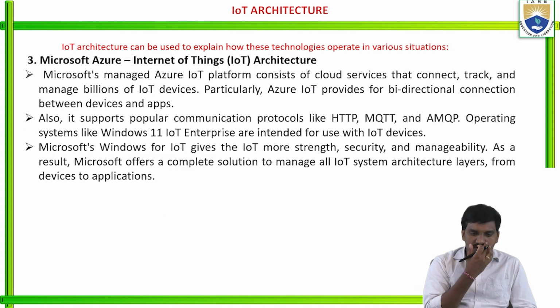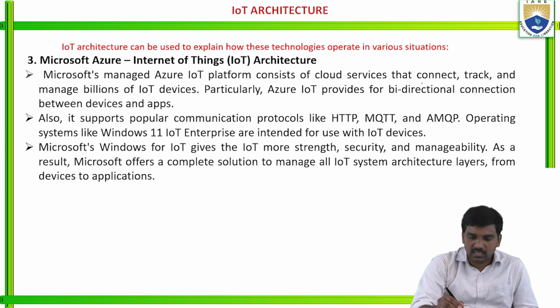Next, the last situation, Microsoft Azure. The Azure IoT platform consists of cloud services that can connect, track and manage billions of IoT devices. Azure IoT provides a bidirectional connection between the devices and applications.